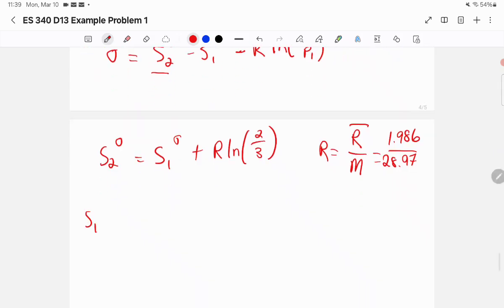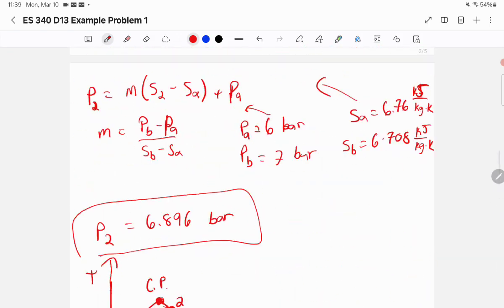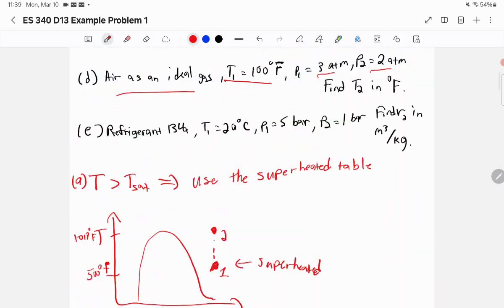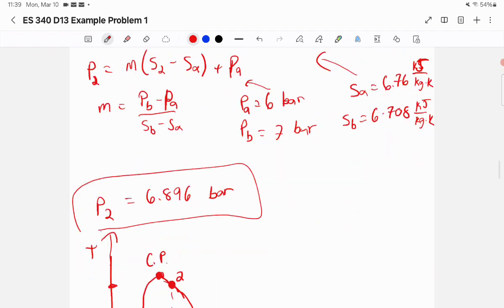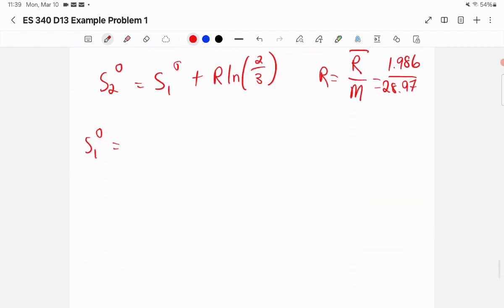And S1 circle, if you go to the table at the temperature that was given, 100 degrees Fahrenheit, what you find is S1 circle is equal to 0.60950. So if I do that out, I get S2 circle is equal to 0.5817 BTU per pound degree Rankine.